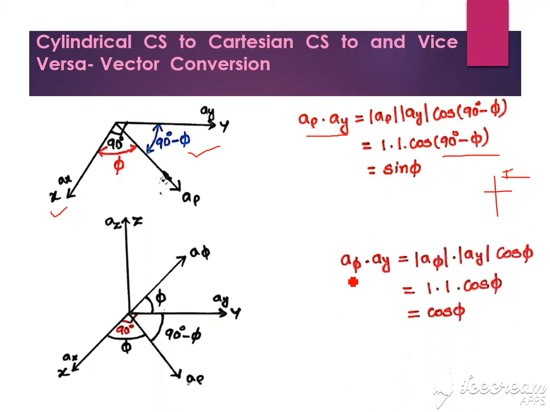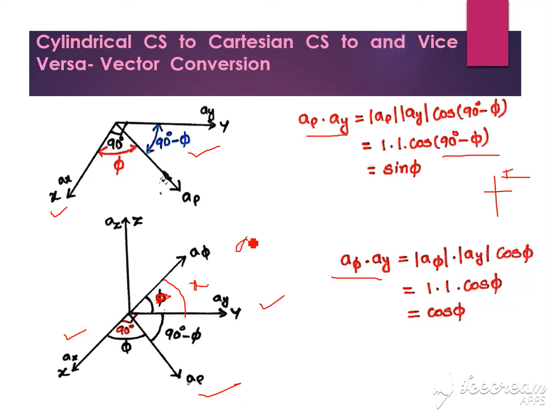And the last one, A phi dot Ay, mod A phi into mod Ay into cos of the angle. Here we need to find the angle between phi and y. Already we know the angle between A rho and Ax is phi, and in the previous case we studied that the angle between A rho and Ay is 90 minus phi. Now we need to find the angle between A phi and Ay. Already we know the angle between A rho and A phi is 90.